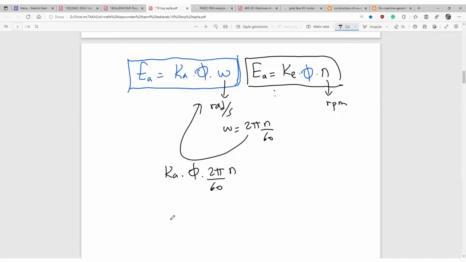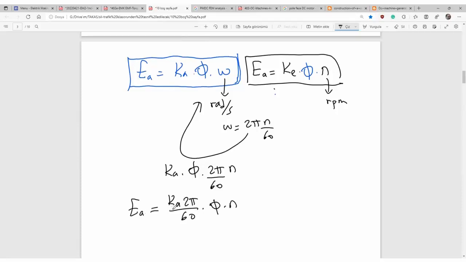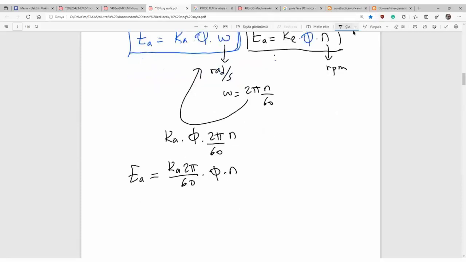So Ka, 2 pi over 60, flux, speed, EMF, ladies and gentlemen. Here you see n to n, flux to flux.